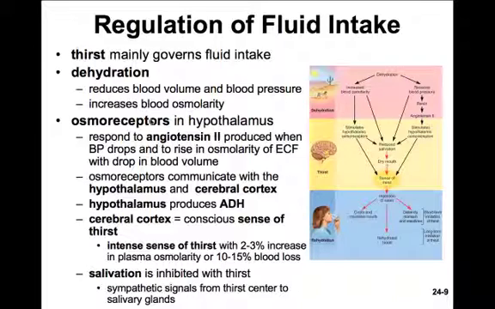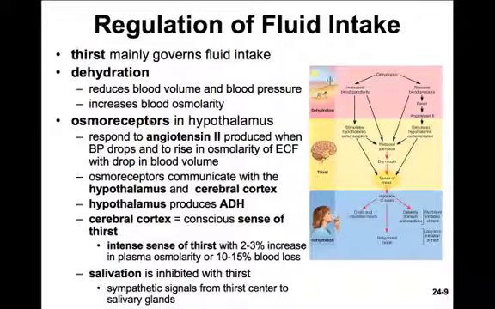Fluid intake is predominantly governed by thirst, which is a result of dehydration. With reduced blood volume, we're going to see reduced blood pressure, and we're going to see an increase in the osmolarity of the blood. This increase in osmolarity in the blood is going to have an effect on the osmoreceptors in the hypothalamus.